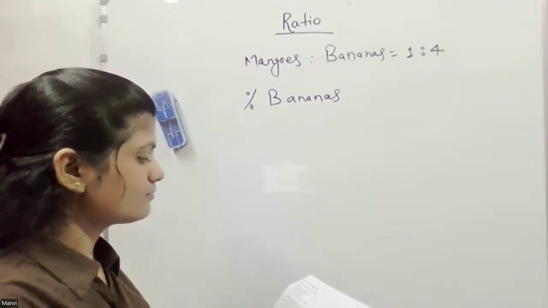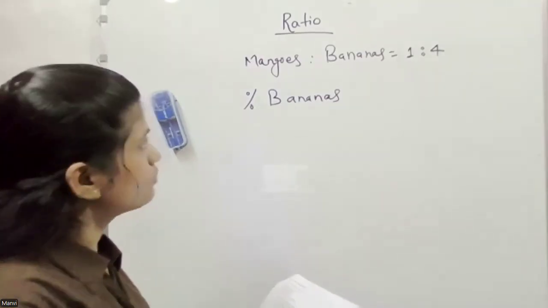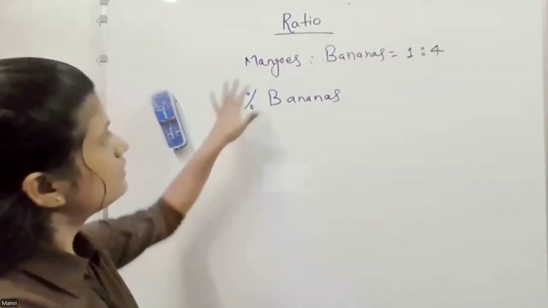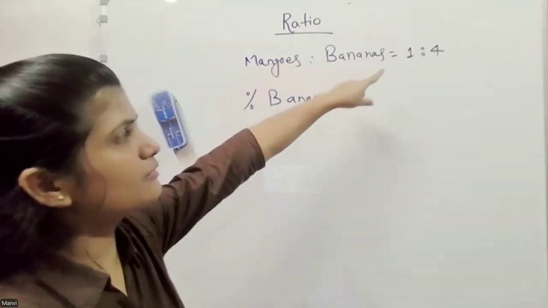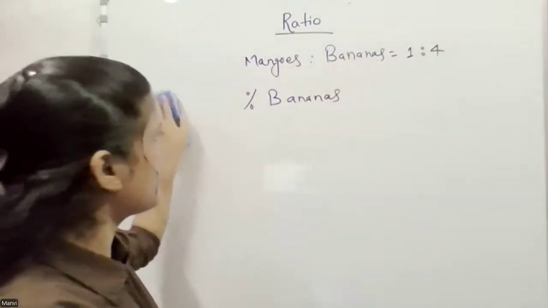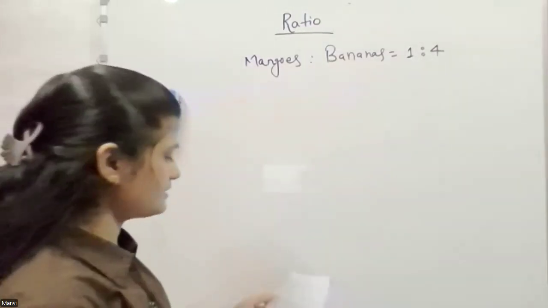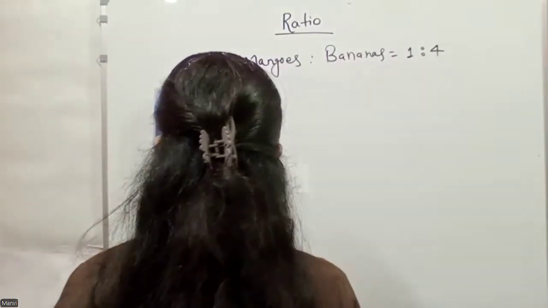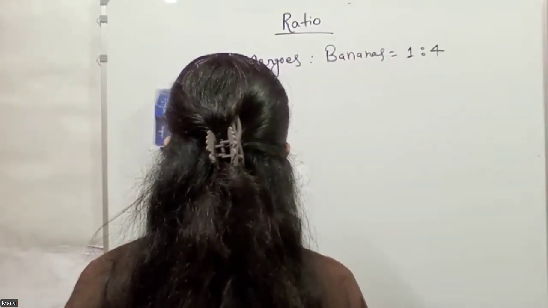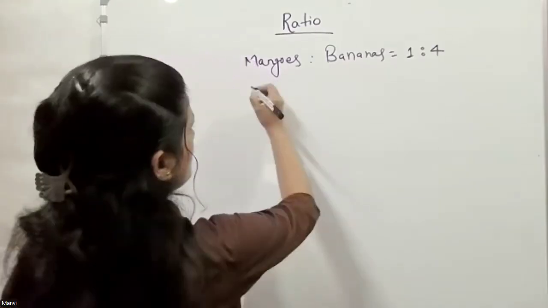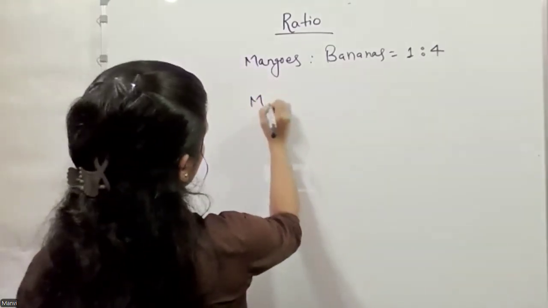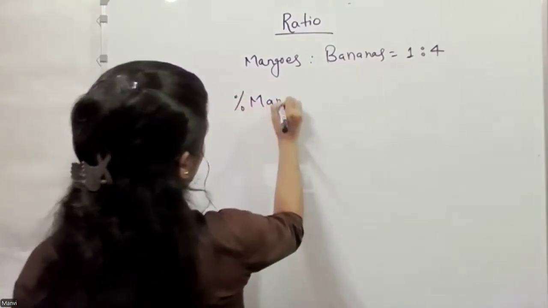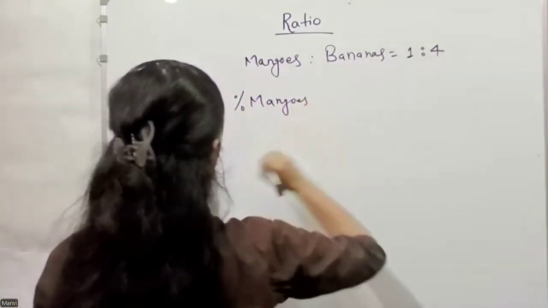I think it was bananas. So for example, we have the same question. Okay. Here, the mango ratio banana will be 1:4. Yeah. Now, you need to calculate the percentage of mango with total fruit.